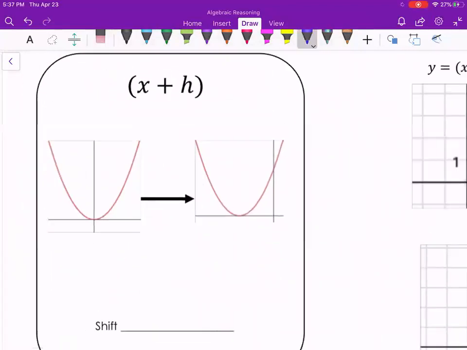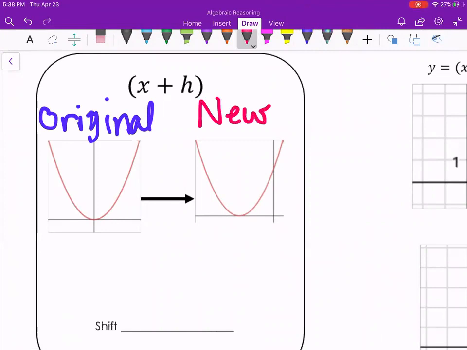All right, so we still have our original. We still have the new. So focusing on those same 5 key points, let's see if we can figure out what happened to this one if we have a plus instead of a minus.